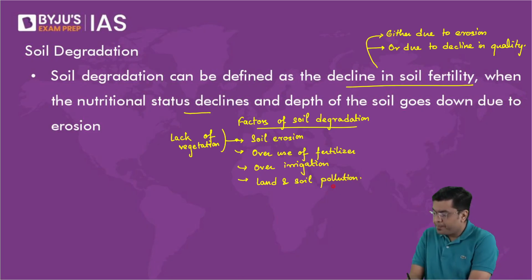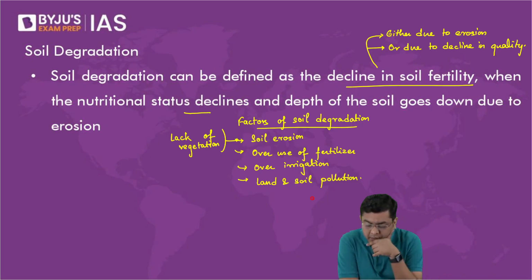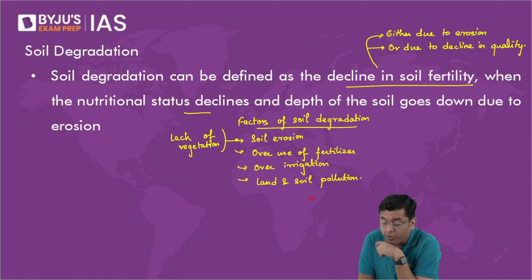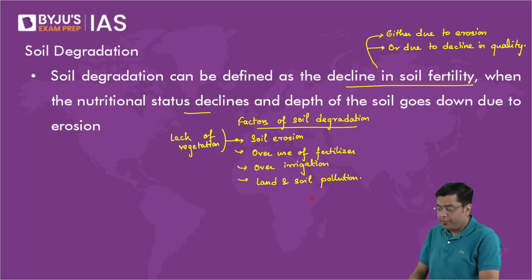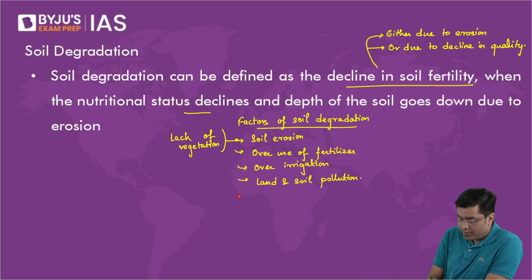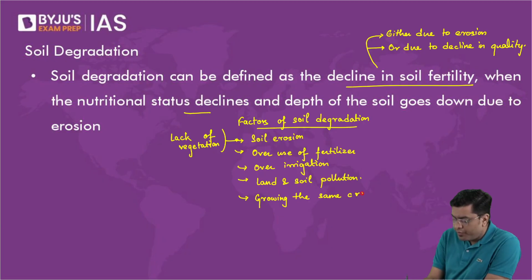Then not maintaining soil quality, climate change, unscientific agriculture methods, agriculture of same type of crop repeatedly, good. So growing the same crop over and over again.